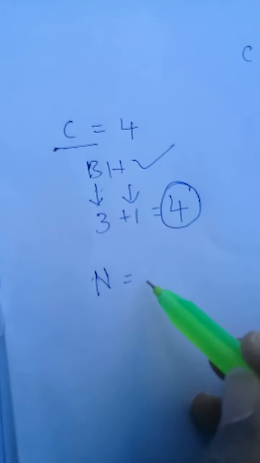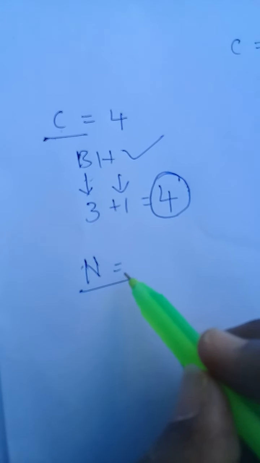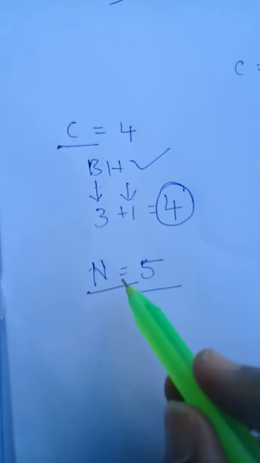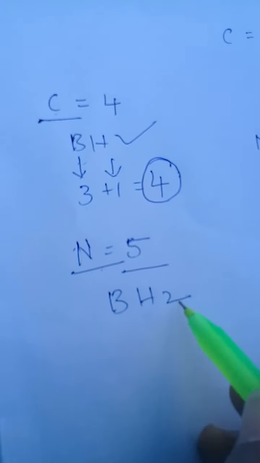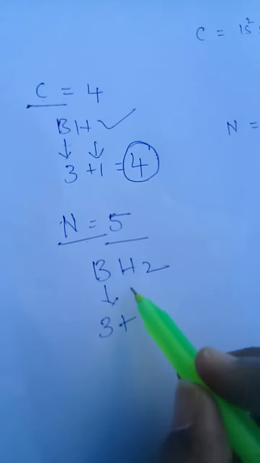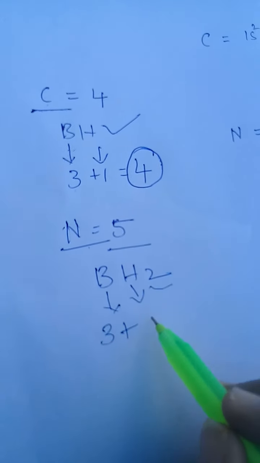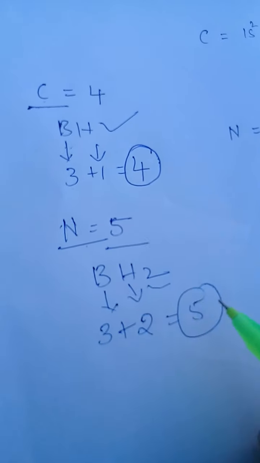And similarly, nitrogen has valence electrons 5, so in the place of nitrogen we take BH2. Why? Because boron valence electrons 3 plus each hydrogen valence electron 1, but 2 hydrogens are present, so 2 into 1 is 2, total 5.